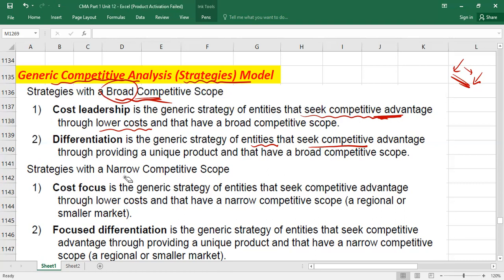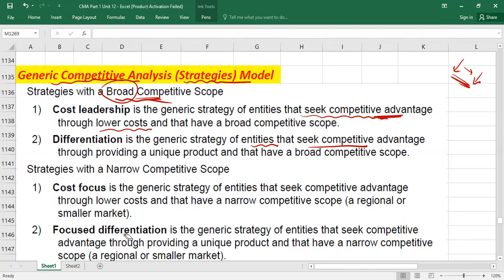For example, Chinese companies supplying goods to India, Pakistan, developing countries, their strategy may be cost focus, meaning they will try to defeat the competitors based on low cost. But when they sell the products to European or American countries, maybe they will follow focus differentiation.